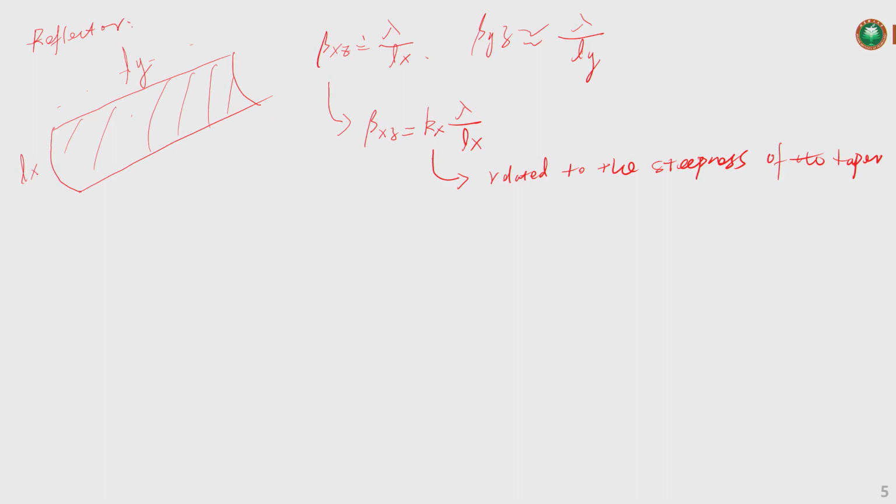If there is no taper, kx equals 0, and if it has taper, typically kx equals 1. If kx equals 2, it is highly tapered. So typically it equals 1. So it's roughly this way.